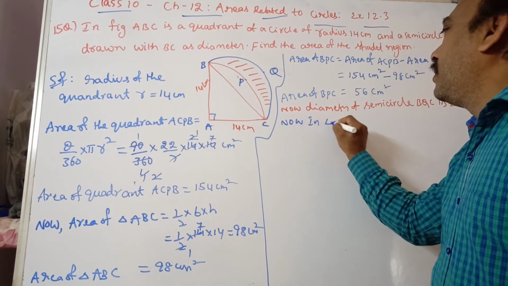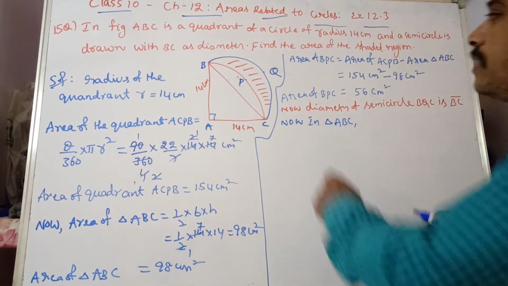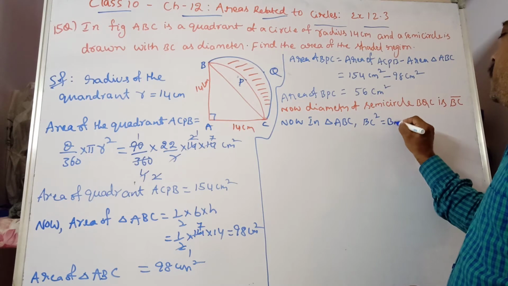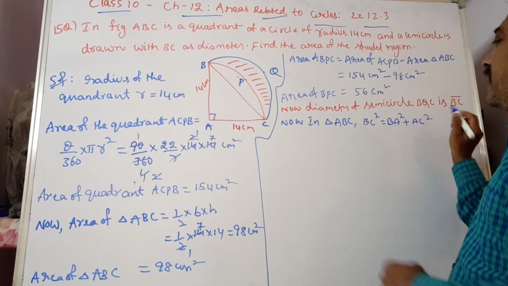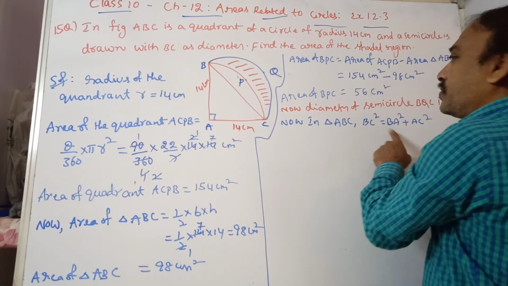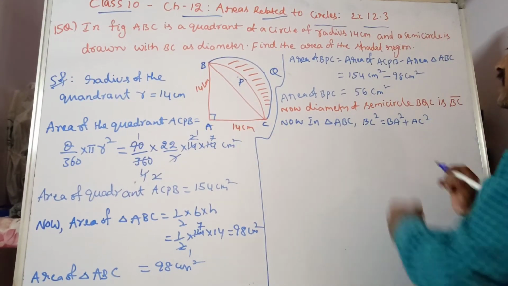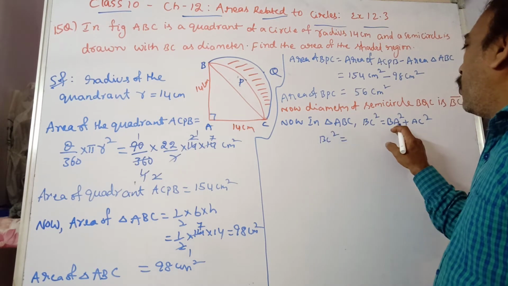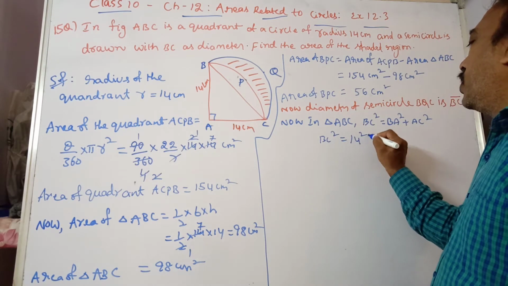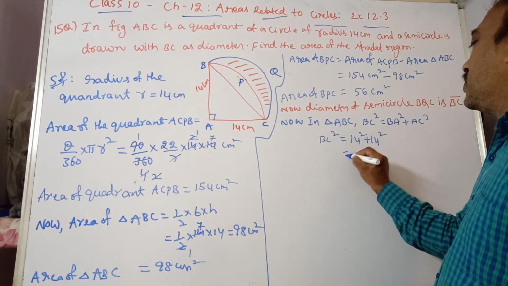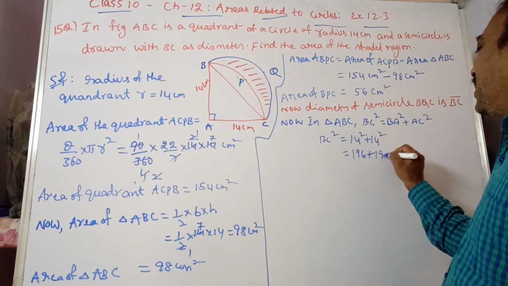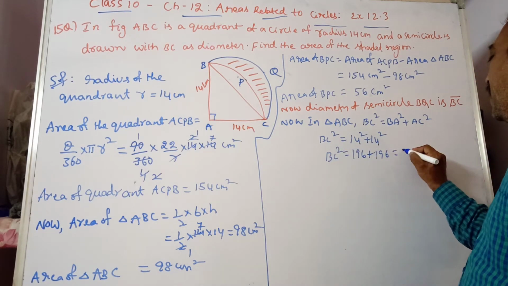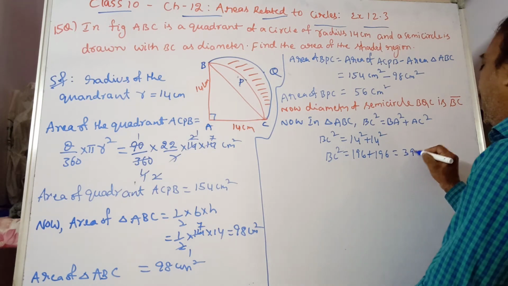So now in triangle ABC, by the Pythagoras property, BC square is equal to BA square plus AC square. Observe it. Side square plus side square is the hypotenuse square. BC square is equal to, what is the side BA? 14. 14 square plus 14 square, which is equal to 196 plus 196. BC square is equal to 392.